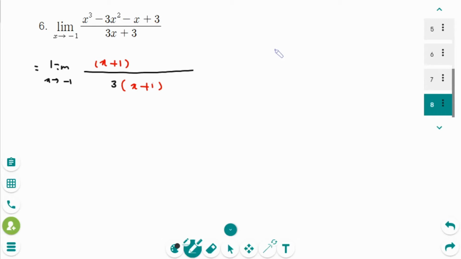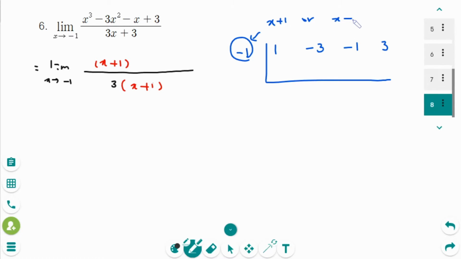Then we can use synthetic division: 1, minus 3, minus 1 and 3. So that one is minus 1, because the common factor is x plus 1, or x approaches minus 1 is the same thing.